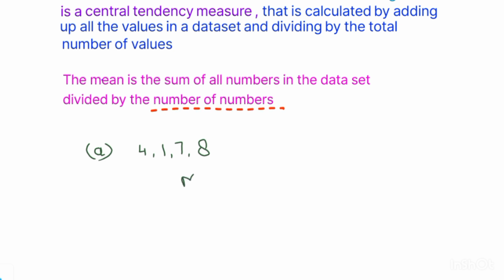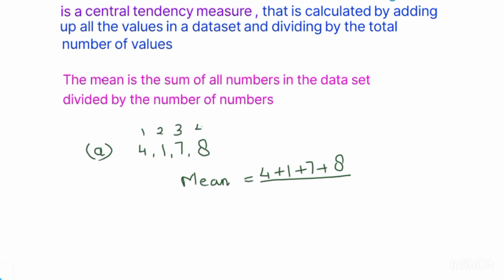So mean will be the sum of all numbers, that is 4 plus 1 plus 7 plus 8, divided by the number of numbers. How many numbers we have? 1, 2, 3, 4 numbers. So divided by 4. So 8 plus 4 is 12 and 1 is 13 plus 7 is 20, divided by 4, that is 5. This is the mean of the given data set.